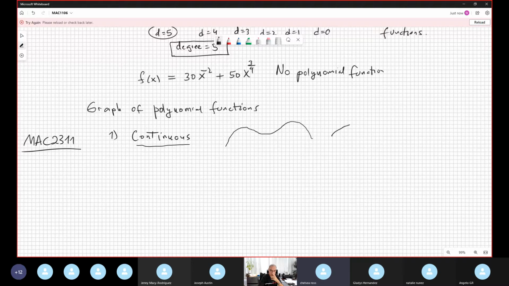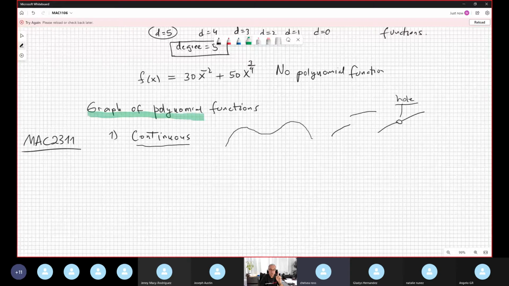For example, if you are doing this, it's not continuous, it's discontinuous. If you have a hole, it's discontinuous. So I guarantee 100% that the graph of a polynomial is always continuous. No gap, no jump, nice, beautiful.